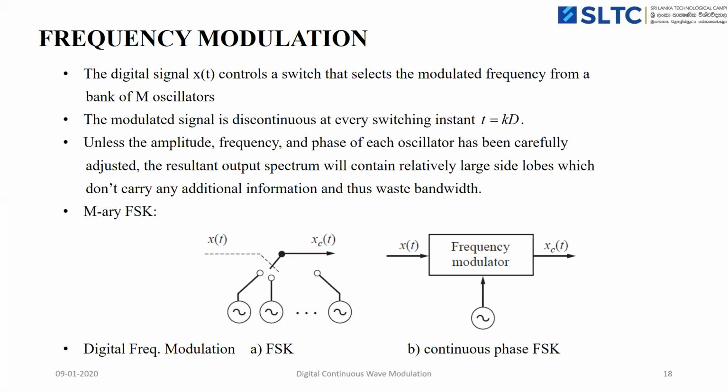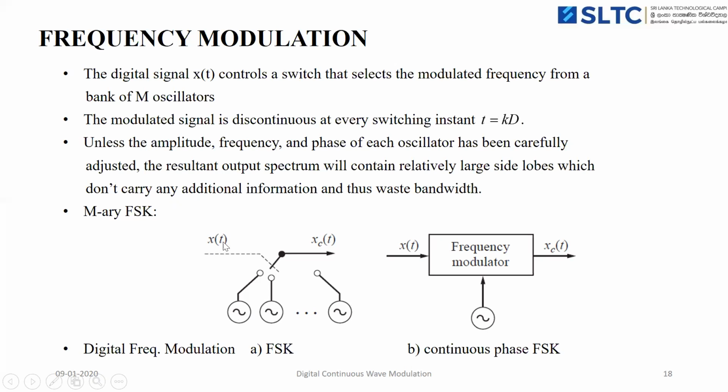Then we are going to discuss frequency modulation. Here we can see there are two kinds of modulator we are using. The first diagram shows n number of local oscillators present. The incoming signal is x of t.